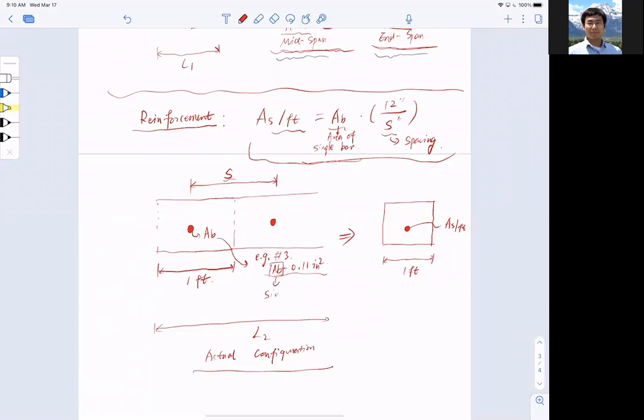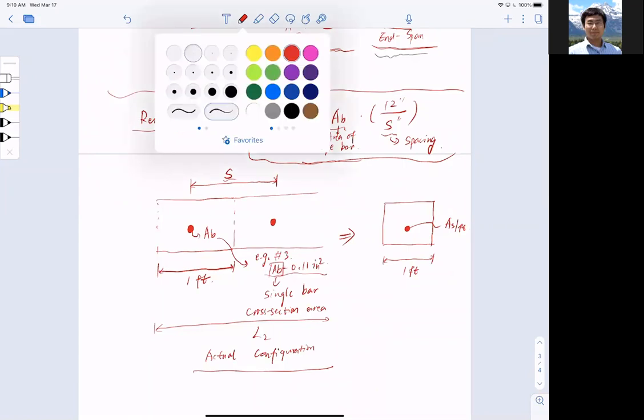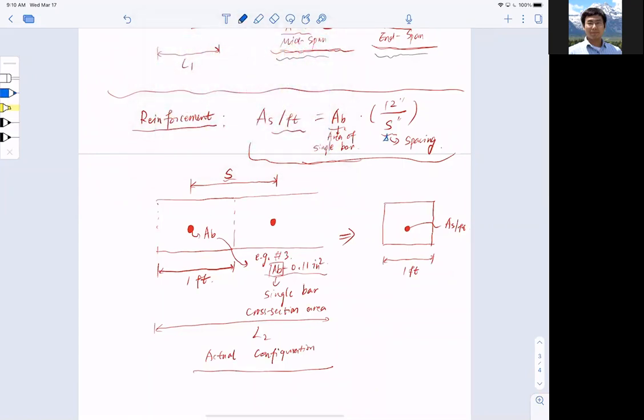This is the single bar cross-section area. Essentially, similar to what we did for shear, we are designing for the spacing. That is what we're designing for.